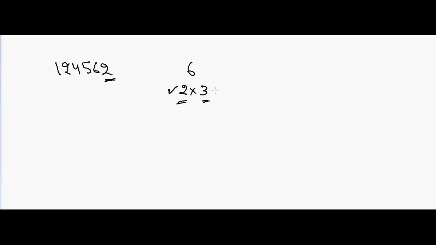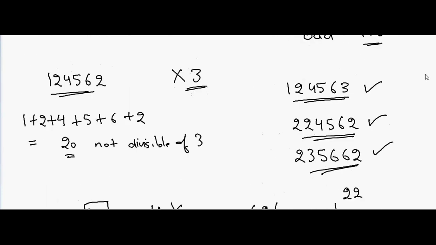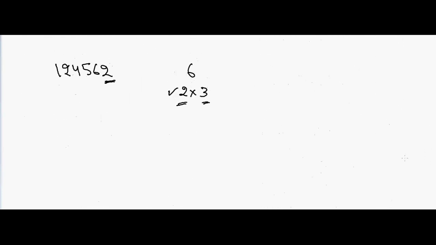But we did the test before and found that the sum of all these numbers, 1 plus 2 plus 4 plus 5 plus 6 plus 2, was 20, and 20 is not divisible by 3.